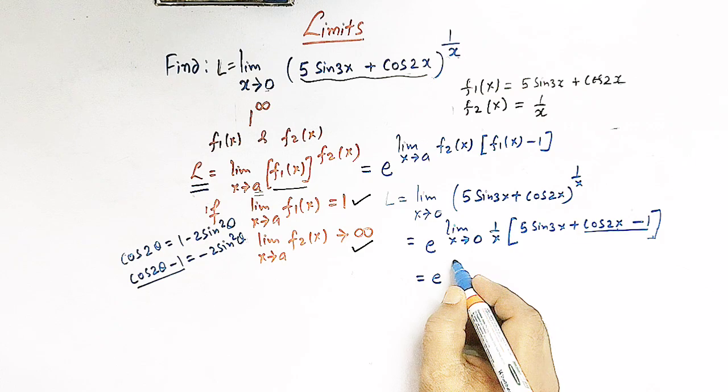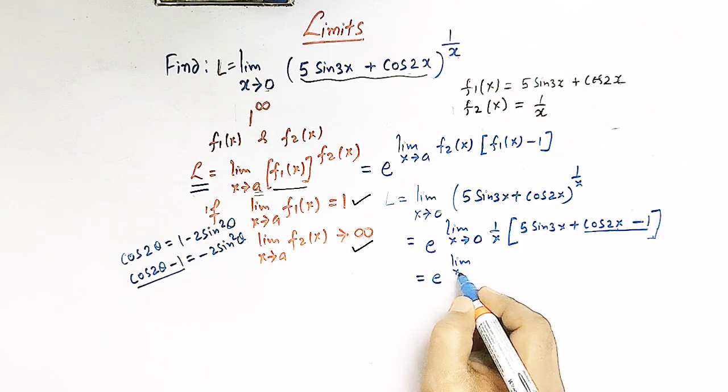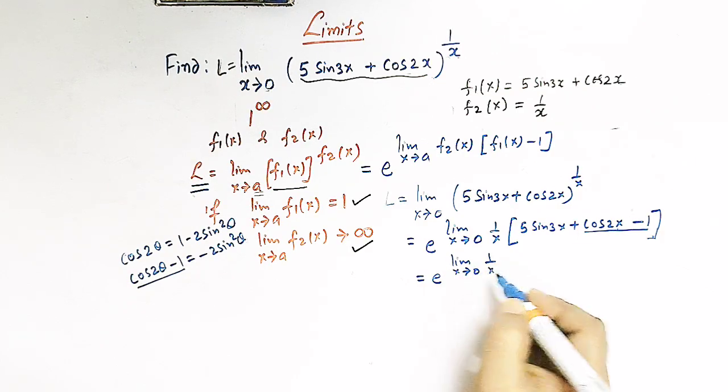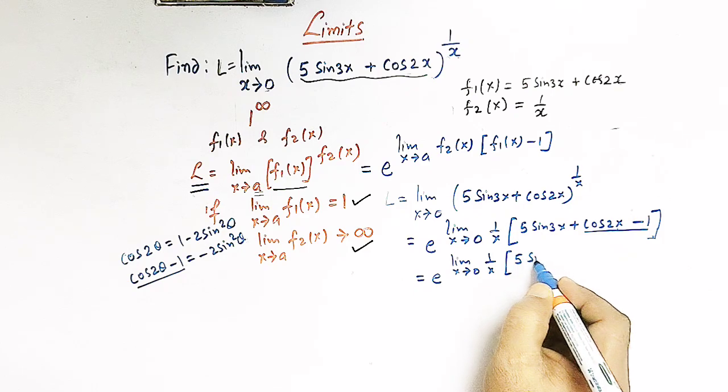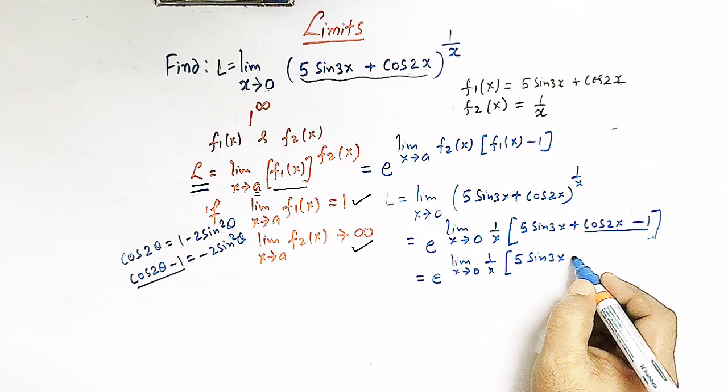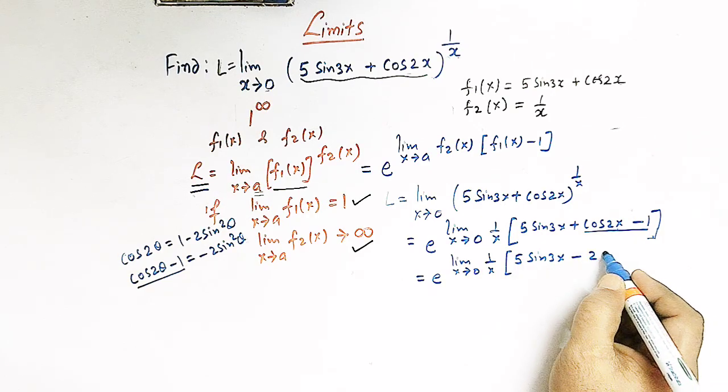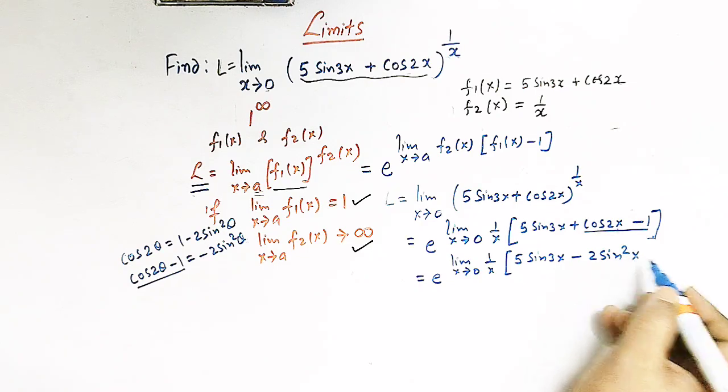So we have now e raised to the limit as x tends to 0 of 1 over x times 5 sin 3x, and here we can now write minus 2 sin square x.